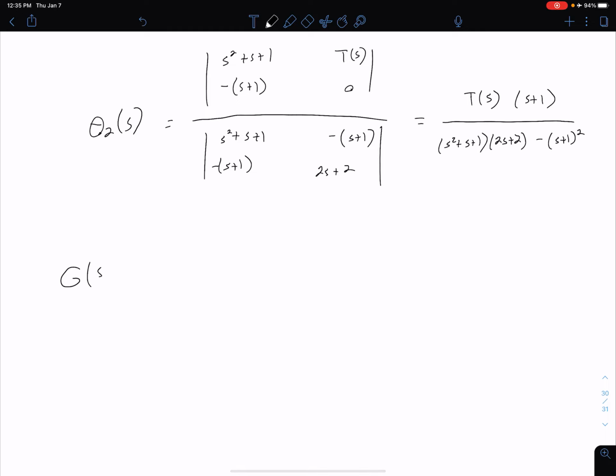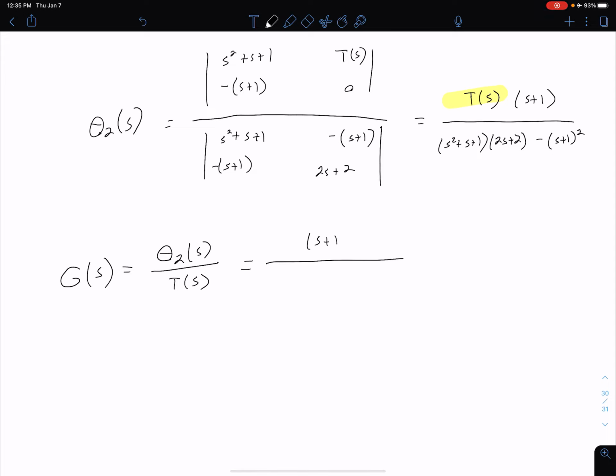From there, we can clean it up a little bit, and we can say, of course, our transfer function, G of s, is that value, theta 2, divided by T of s. All we're going to end up doing is canceling out this T of s in our numerator here. Let me show a couple steps.